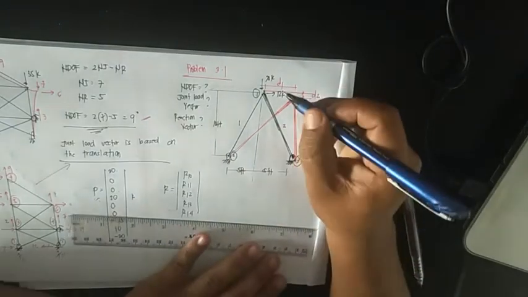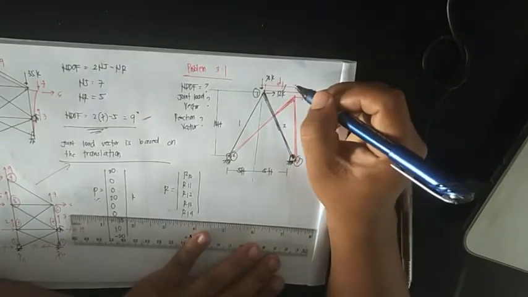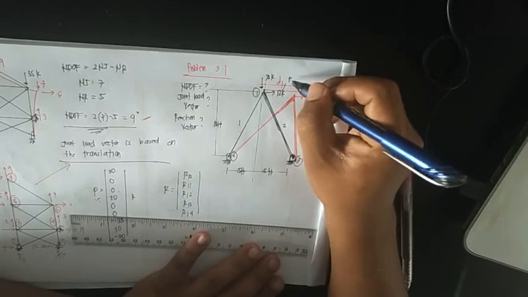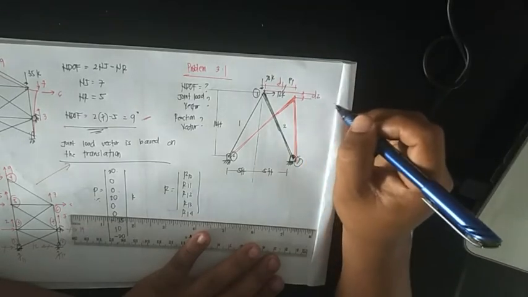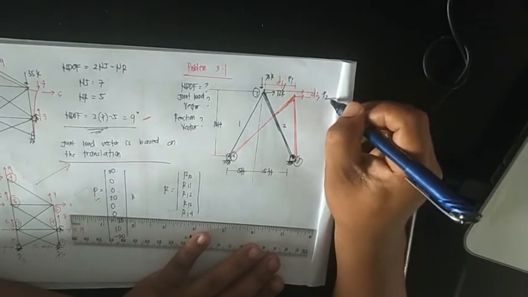And the reason why there is displacement 1 is because of the joint load 1, and because of the joint load 2.